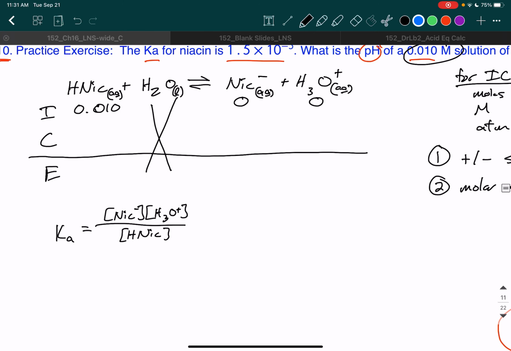In this case, unfortunately, maybe all the examples, it's just a 1 to 1 to 1. Even for a di or triprotic acid, we still do one step at a time. So that does simplify our life quite a bit.